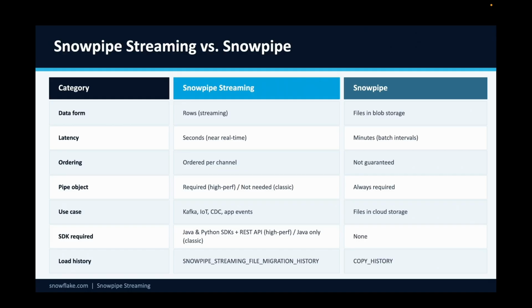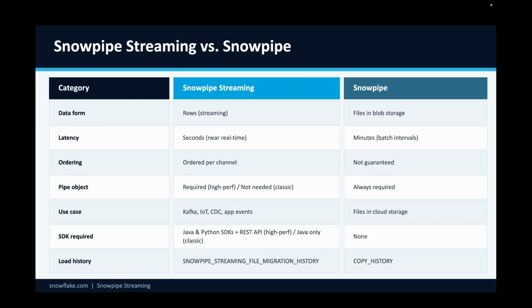Ordered per channel in Snowpipe streaming. Ordering is not guaranteed in Snowpipe. Pipe object is required for Snowpipe streaming, primarily for high performance architecture, but not for the classic architecture. Snowpipe always requires a pipe object. Typical uses of Snowpipe streaming are Kafka, IoT, CDC, app events, which are real time.